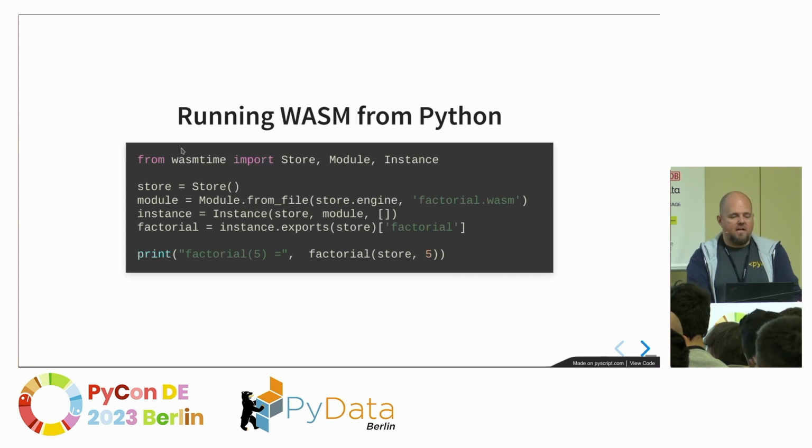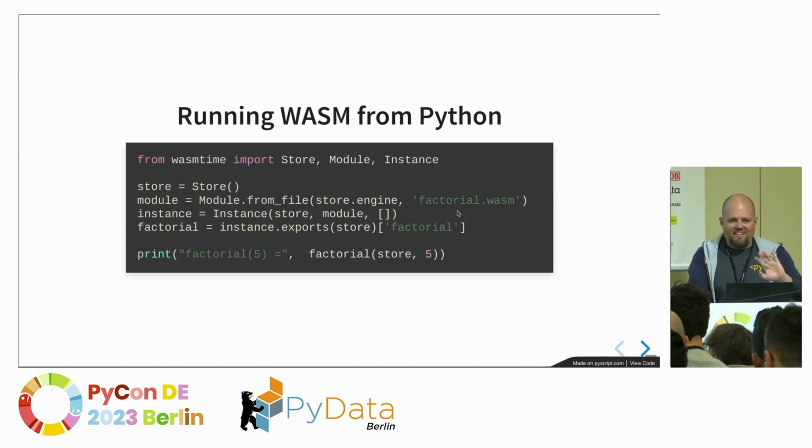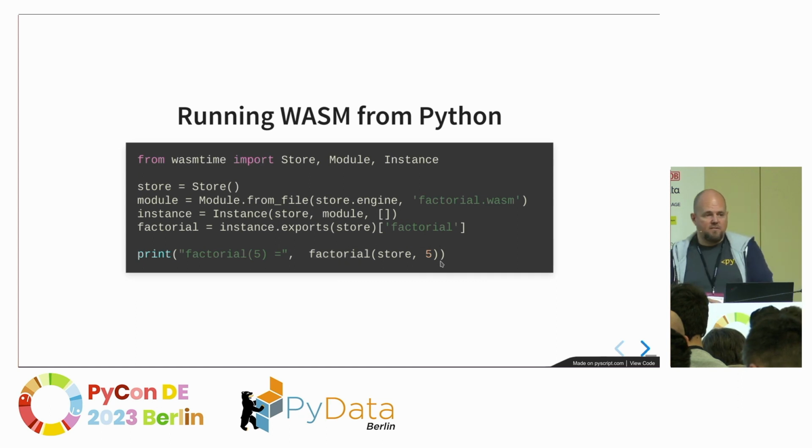In this case, I'm using the wasmtime module from Python. You can just pip install wasmtime or conda install wasmtime, since I work for Anaconda. And then this is the API. Again, I just copied and pasted it, the details are not important. But then you get a Python function that you can call, passing the numbers, and it's fast, much faster than Python.